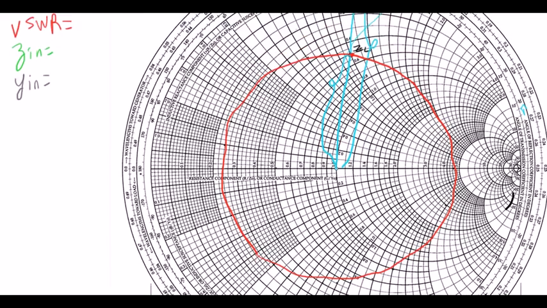Usually this circle is called the VSWR circle. So it's the voltage standing wave ratio circle.